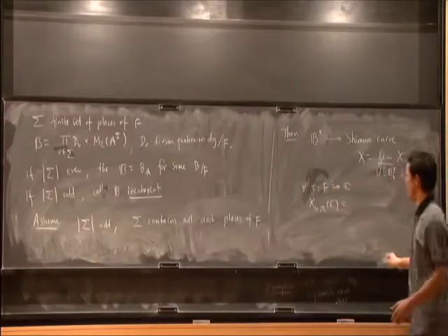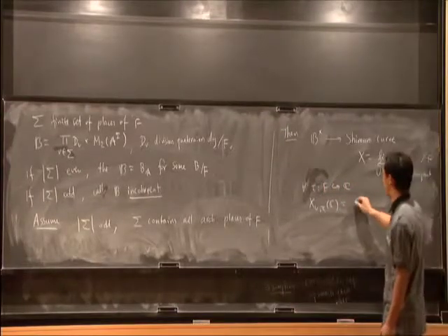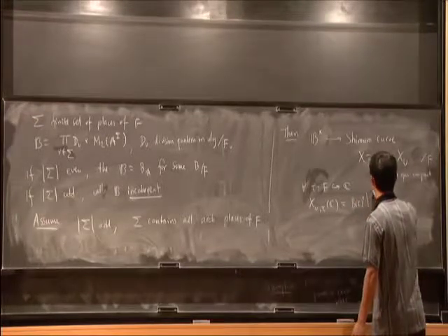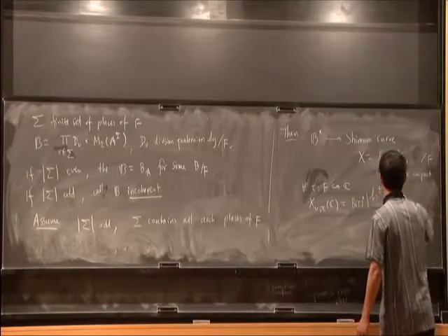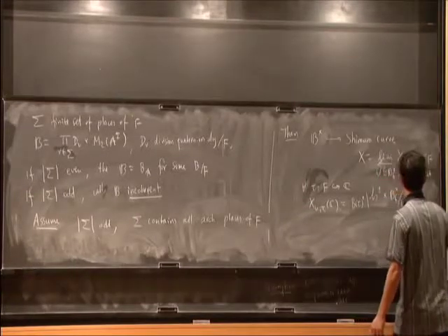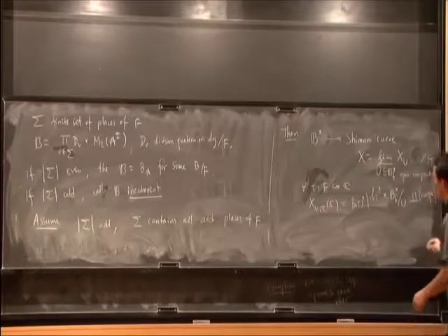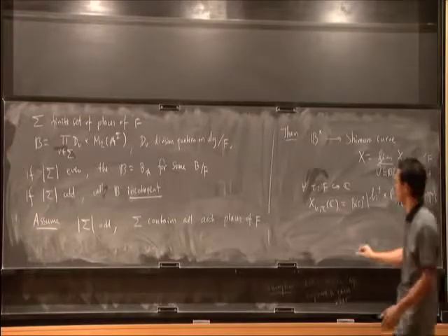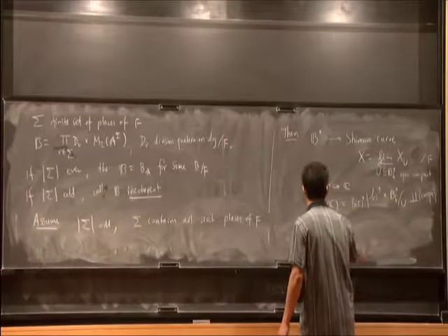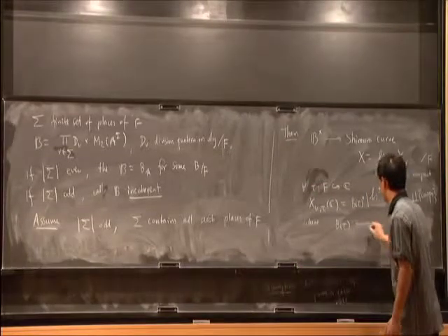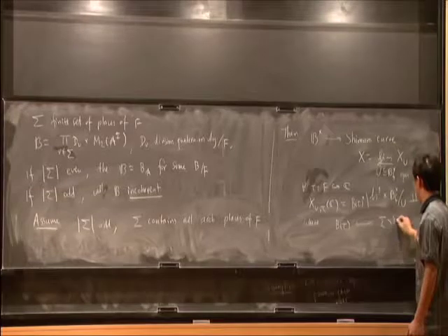Then that one has a uniformization by the upper half plane. This B_tau is the quaternion algebra corresponding to this sigma without tau.